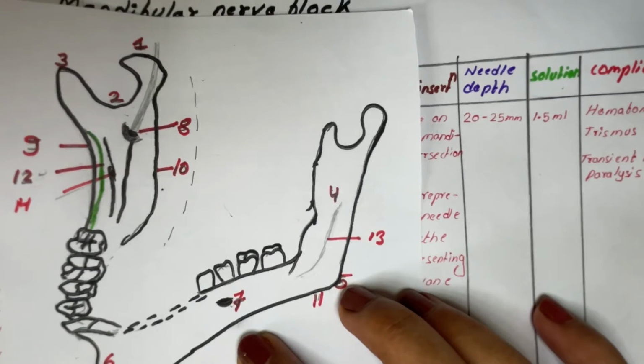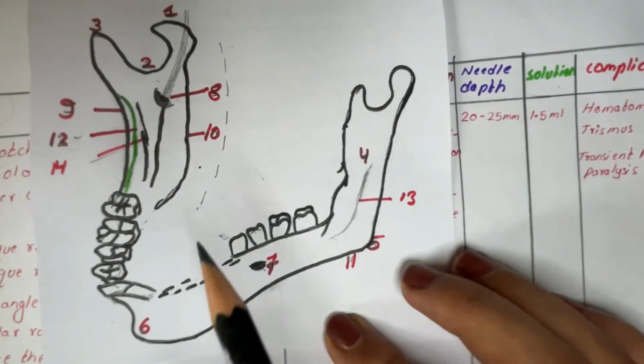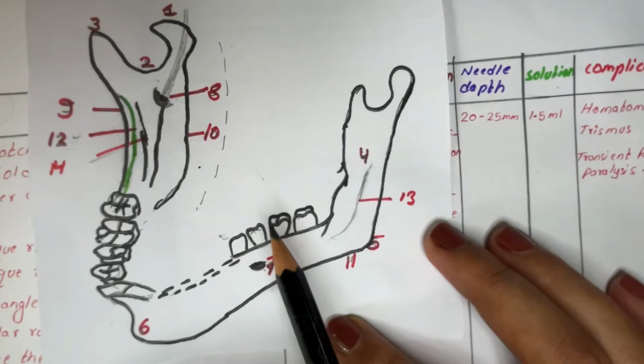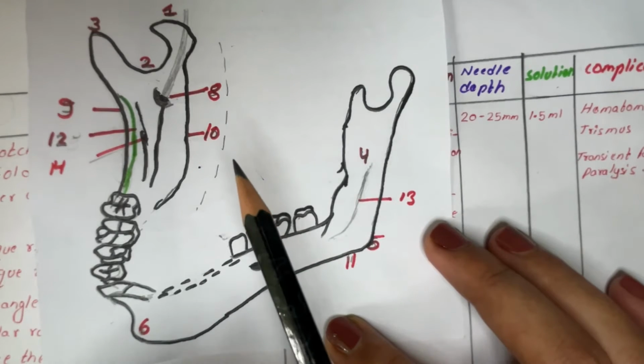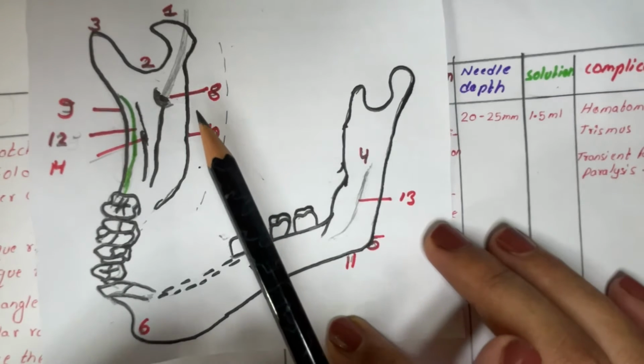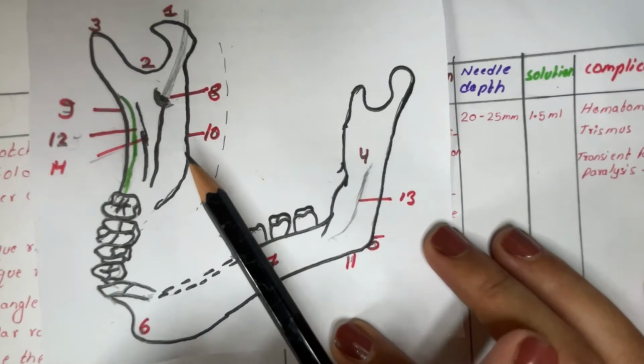While inserting the needle, the bevel should always face toward the bone. We should always pass from the opposite side of the premolar, and the height of the needle should always be 6 to 10 mm above the occlusal plane of the posterior teeth. From here, we are inserting our needle.